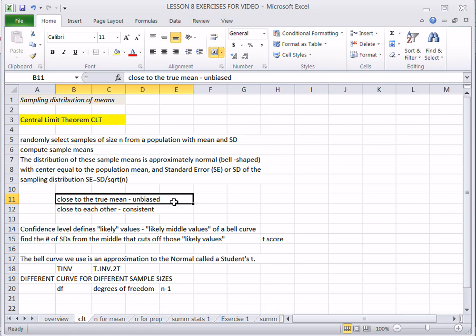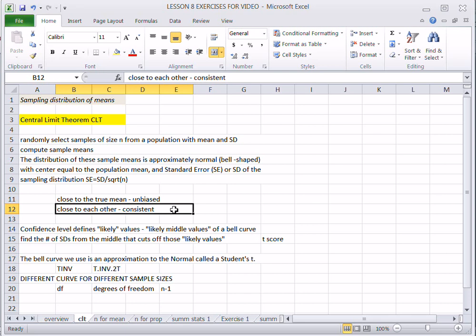And if they're all hovering about the true mean, then the middle of the curve should be the true mean. Also, we want to make sure that our sample means are all close together. Not only are they all huddled around the true mean, but they're all close together. So what we end up with is a bell-shaped curve where most of the data values are in the middle by the mean.